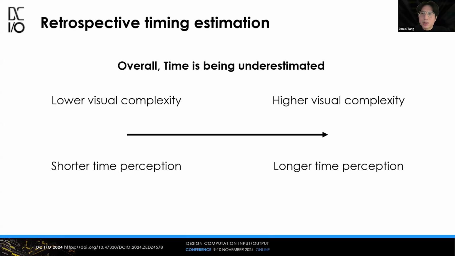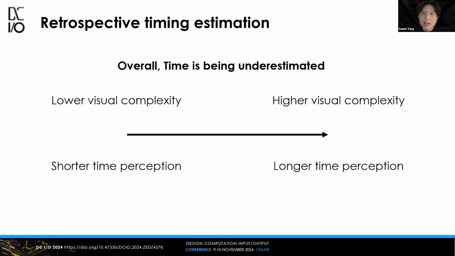A typical retrospective time estimation is an experiment where we ask participants not to actively measure the time in their mind, and they are even unaware of the experiment's intention. In this scenario, they rely on memory to estimate the duration of time. Usually, they tend to underestimate the duration in this setting.